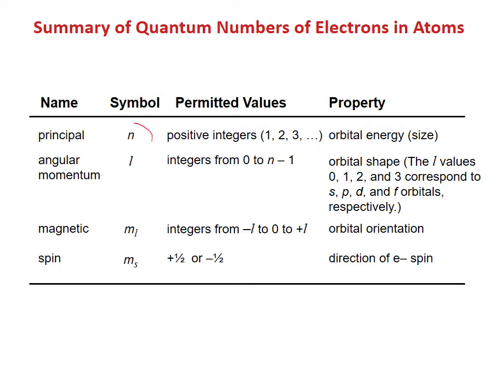Principal quantum number, angular momentum quantum number, magnetic quantum number describe the orbital energy, orbital shape, orbital orientation. And the 4th quantum number, spin quantum number, which has 2 values, positive half, negative half, describes the direction of electron spin.